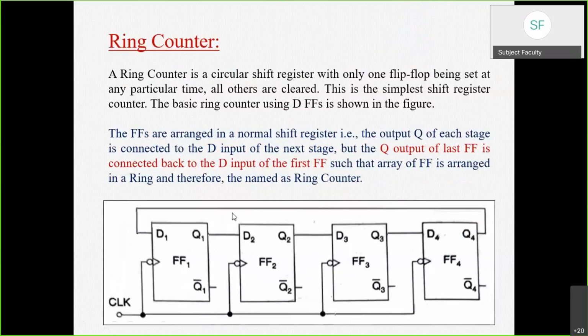So what we are assuming is that the first flip-flop, that is Q1, is preset to 1. That means its output will be 1. The other outputs are nothing but 0, 0, 0. So our counter will start its sequence from 1, 0, 0, 0.